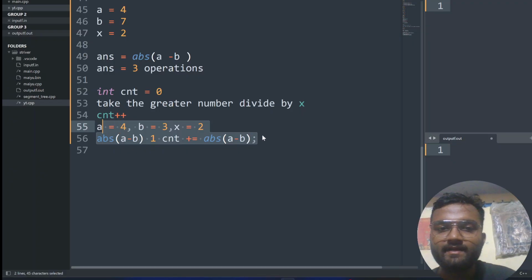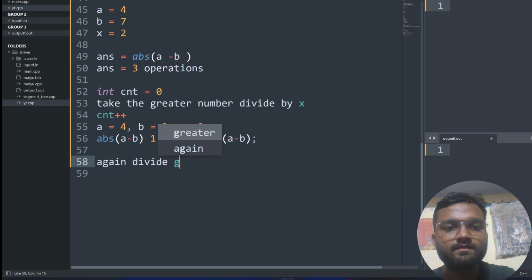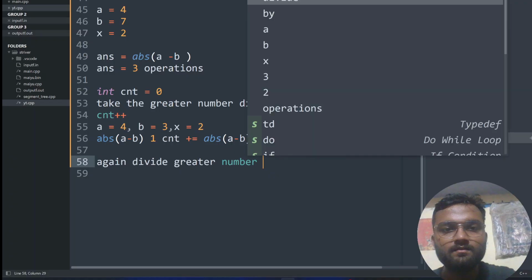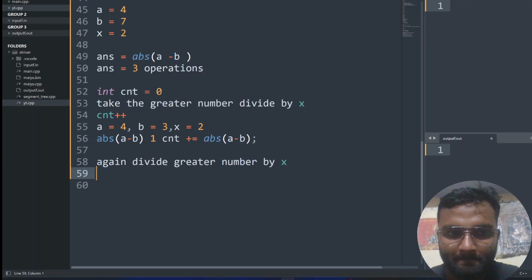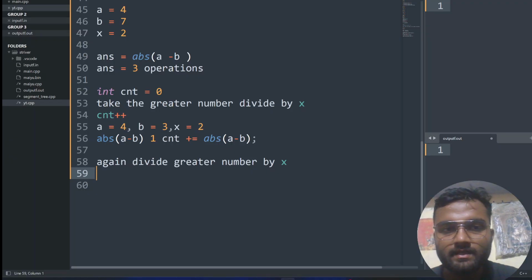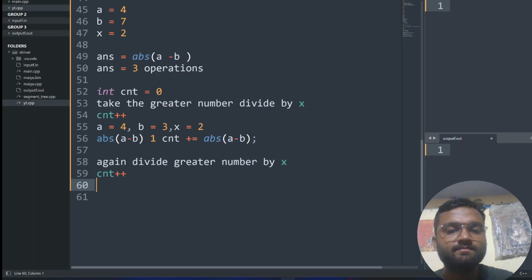To get another answer, we again divide the greater number by x. Now the greater number is a. We divide a by x, do count plus plus again, and get a as 2, new b as 3, and x as 2.